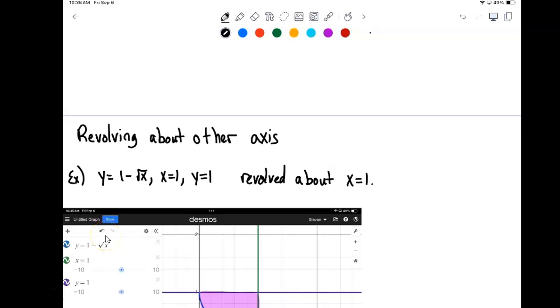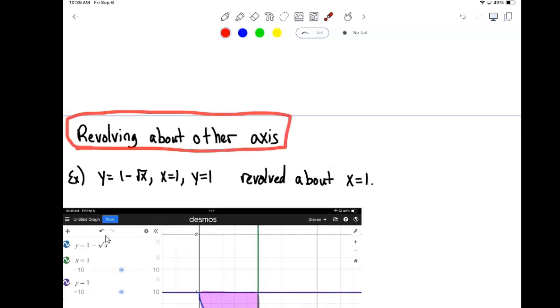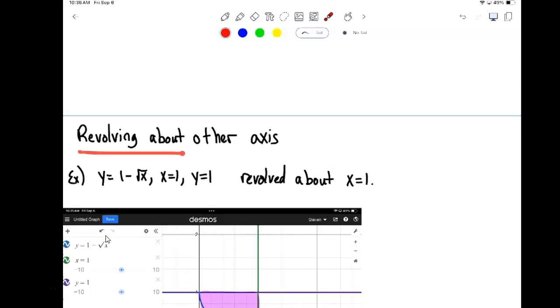All right, so the last thing we want to do here with these washers and discs is looking at taking a region and revolving it about something other than the x or the y axis. So, in other words, we're going to be looking at revolving about some other vertical line.